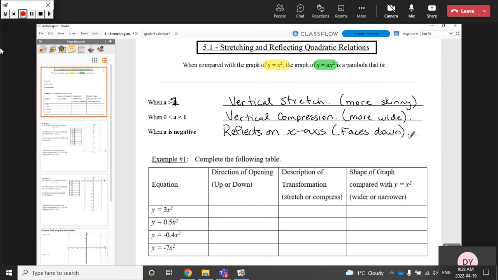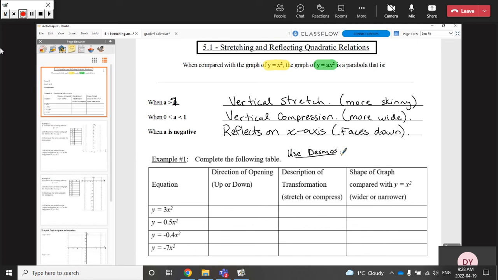So now, maybe based on this new information, we can fill in this table. You could use Desmos to fill in this table, or just based on the investigation, you maybe know what's going to happen here.